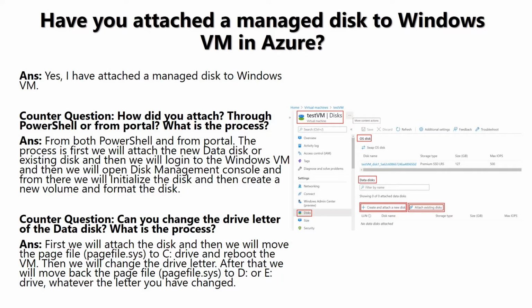Then we reboot the VM. Then we change the drive letter. If it is D, we can change it to E or F or whatever drive letter. After that we move the page file back to the drive letter that we have changed. This is how we can change the drive letter of the data disk.